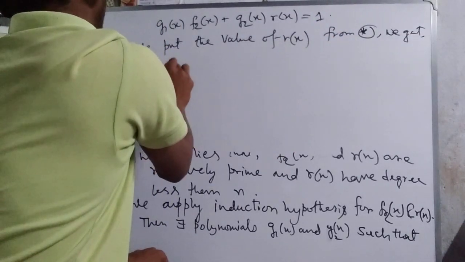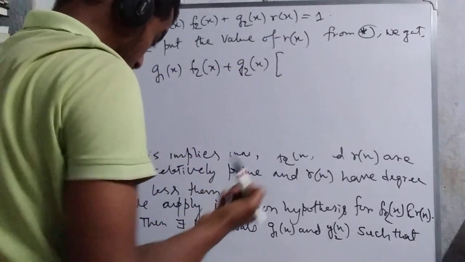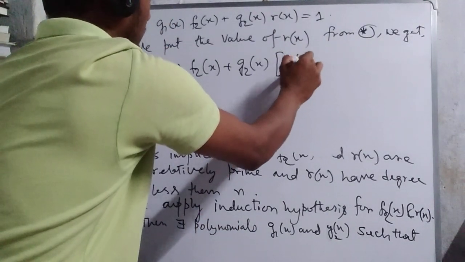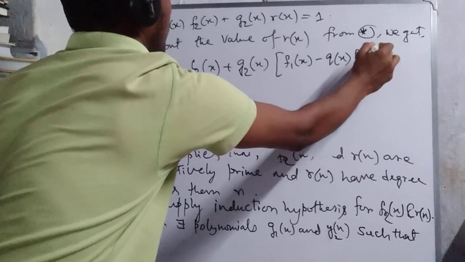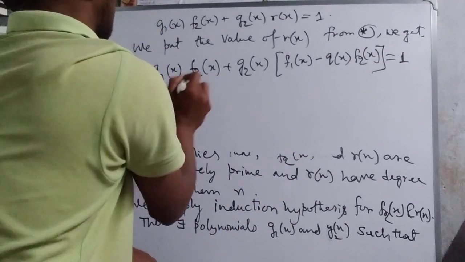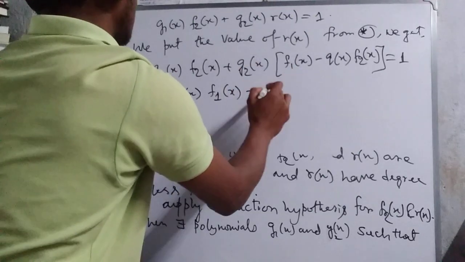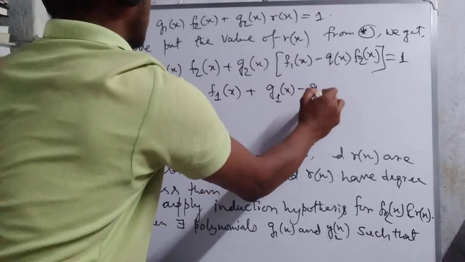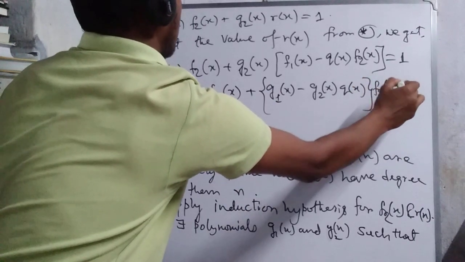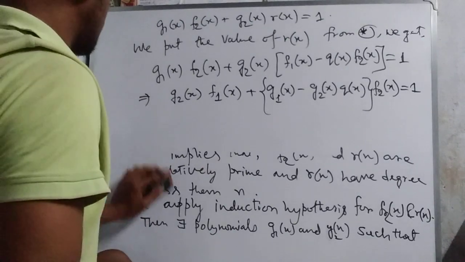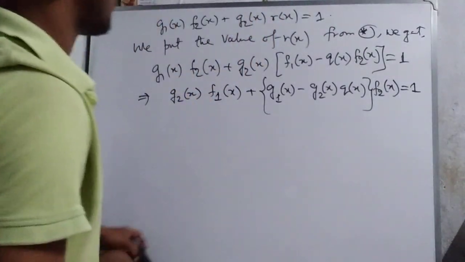We get g1(x) f2(x) plus g2(x) times r(x), where r(x) equals f1(x) minus q(x) f2(x), equals 1. This implies that g2(x) f1(x) plus [g1(x) minus g2(x) q(x)] f2(x) equals 1. Then we erase the lower portion and go to further discussion.